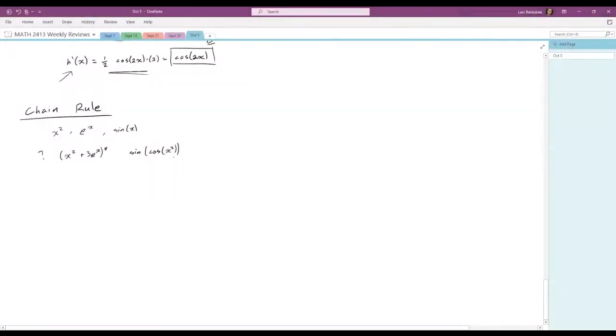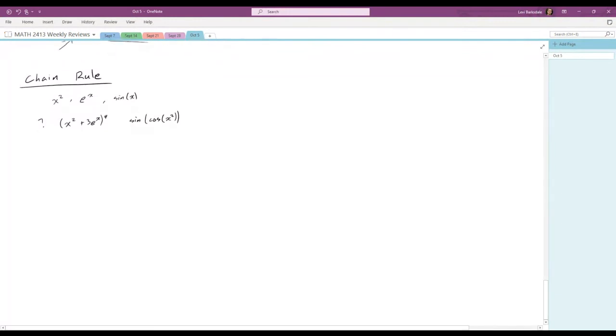These things get a bit trickier. The chain rule, which I've sneakily been making you use a little bit, tells us what to do in these situations.